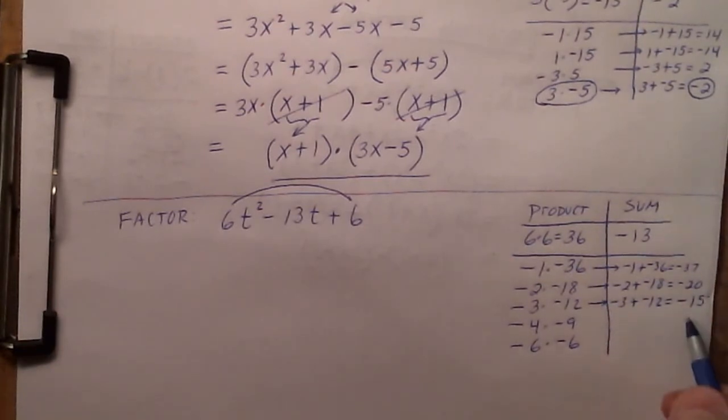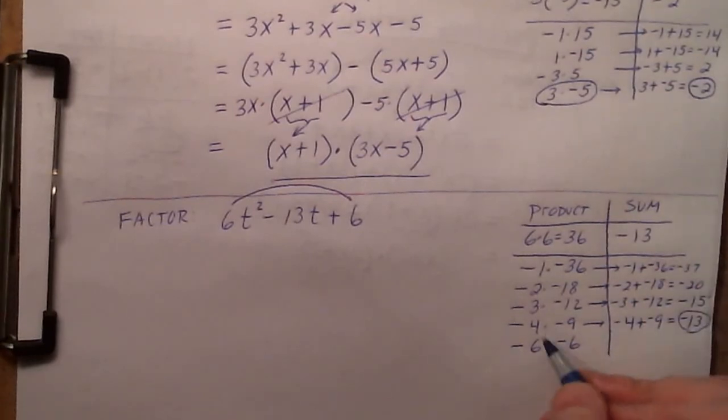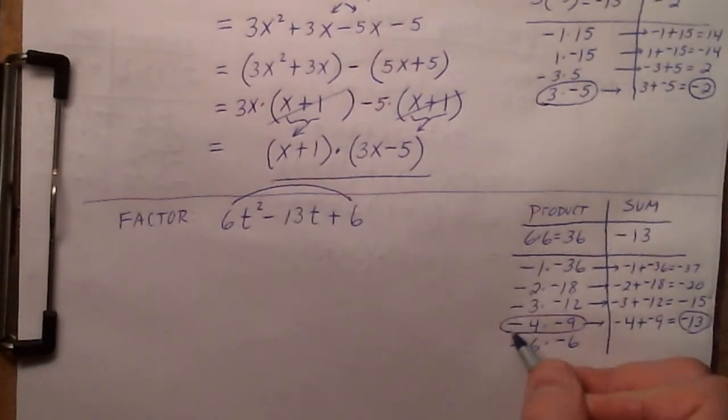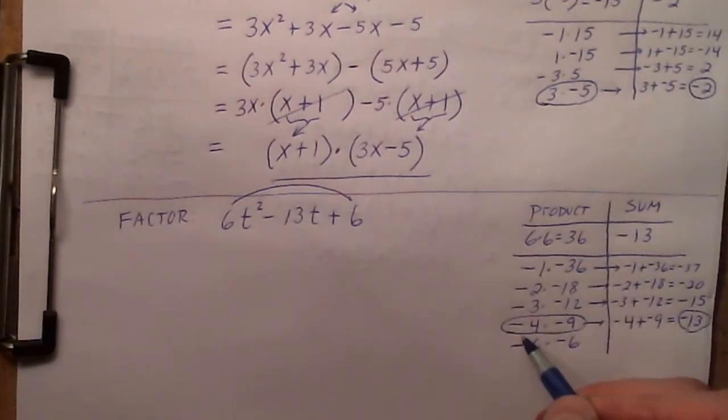We're getting closer to negative 13, but the search must continue. Is it negative 4 and negative 9? Here it is. Negative 4 and negative 9 add up to what we need, namely negative 13 for a middle coefficient. Don't bother with a negative 6 and negative 6. Therefore, the only factors of a positive 36 that sum up to negative 13 are going to be negative 4 and negative 9.